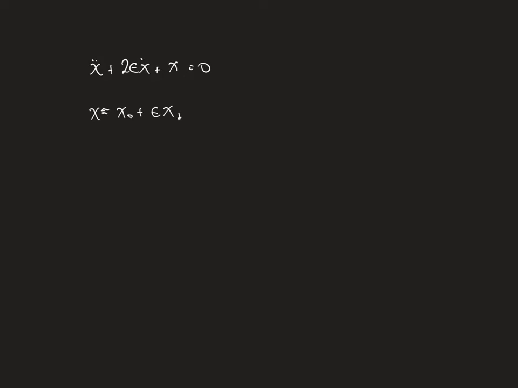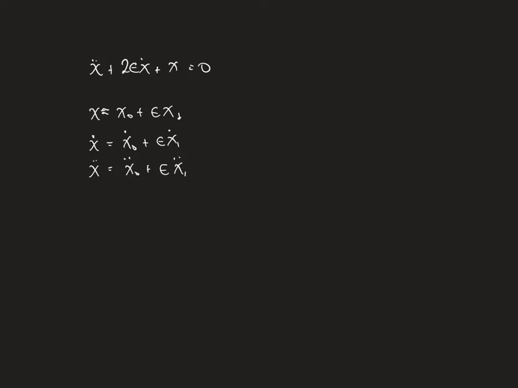So this is an approximation, given by these two terms. So what we have to do right now is to define also what x dot is. This is just a linear operation, so it's easy to see that x dot is just x0 or x naught plus epsilon x1, and the same thing for x double dot. Nothing complicated.